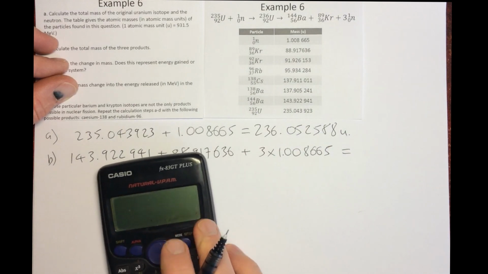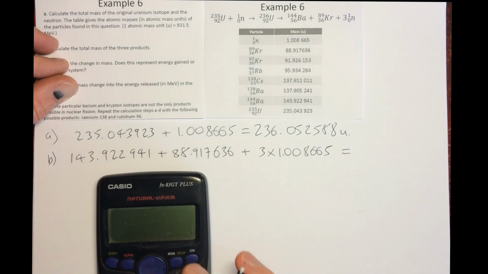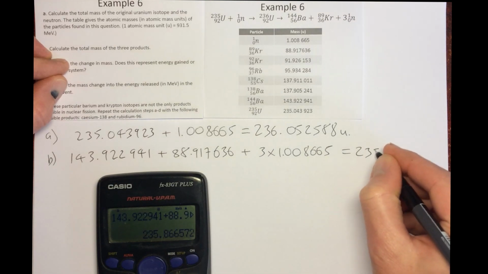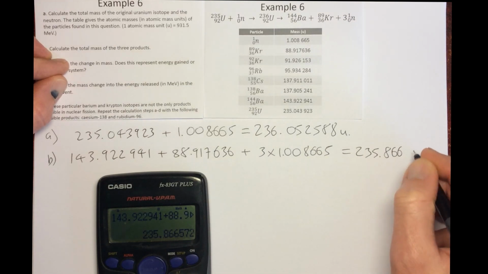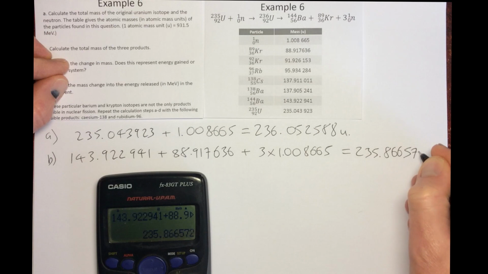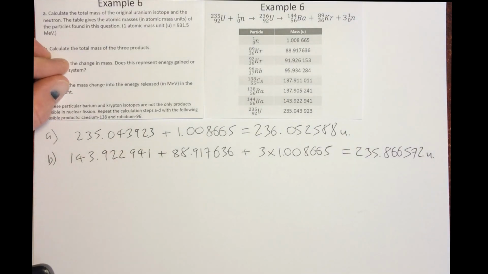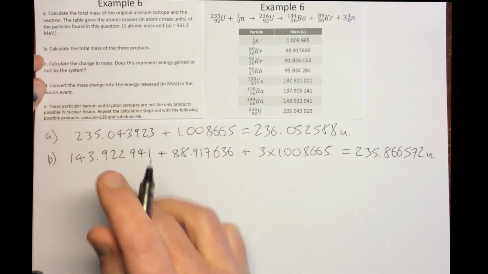If you work that out, 143.922941 plus 88.917636 plus 3 times 1.008665 gives you 235.866572 U.